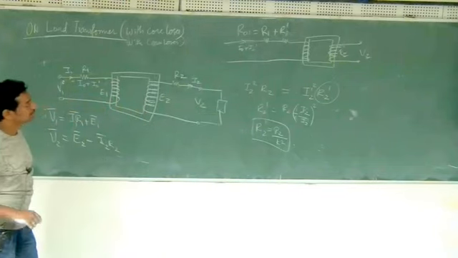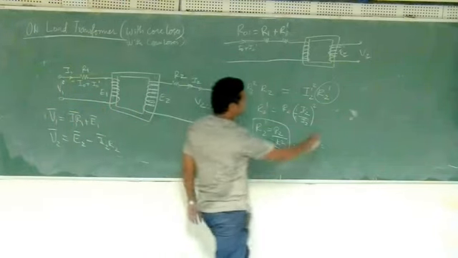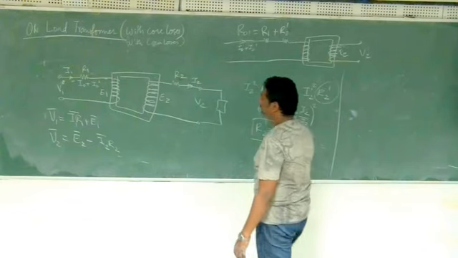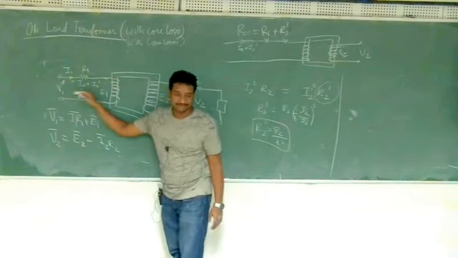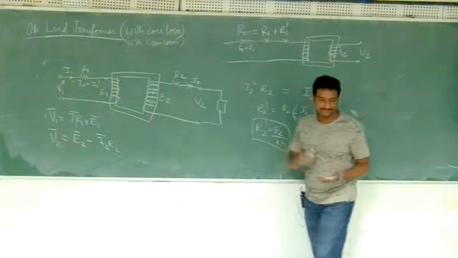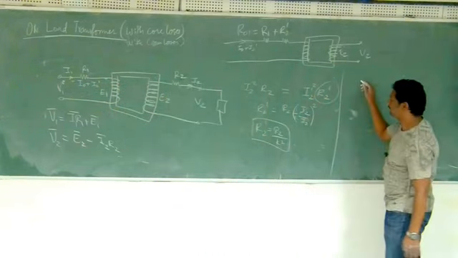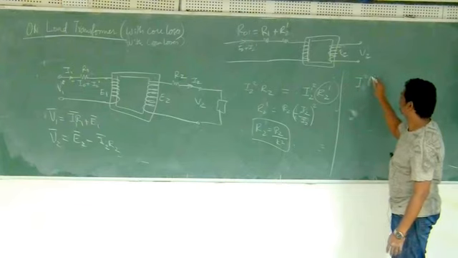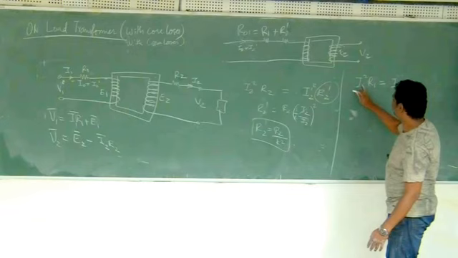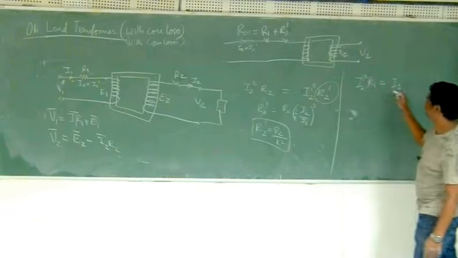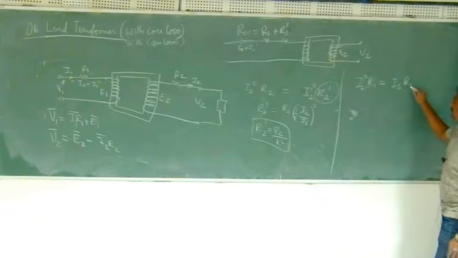Now you can also write it the other way. Instead of transferring R2 from secondary to primary, I can transfer R1 from primary to secondary. In that case also losses should not change. So I1 square R1 should be equal to, this is not I1, it's I2 dash square R1 should be equal to I2 square R1 dash.